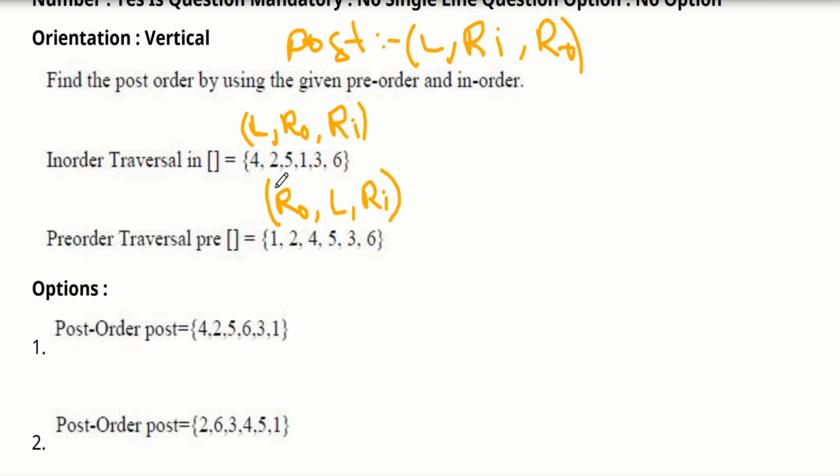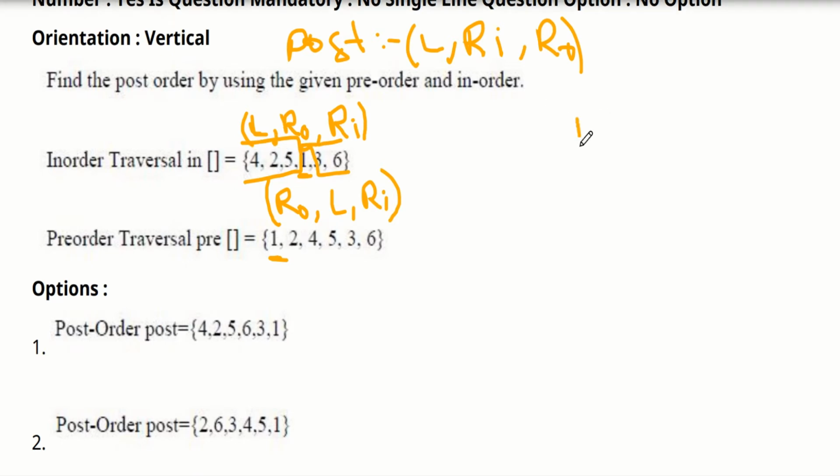Now let's draw this. In in-order traversal, we cannot find the root easily because it's in the middle. But in pre-order, we have the root node first, so we can use that. We take the root node and point to where the root node is here. The nodes on the left side of the root are the left nodes, and these are the right nodes. 3, 6 become the right nodes of 1 and the others become the left nodes.